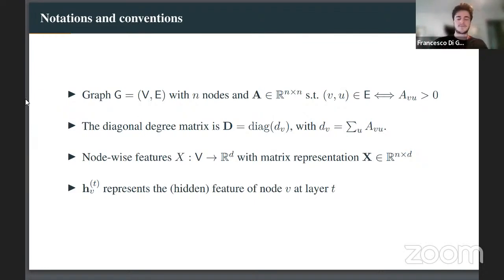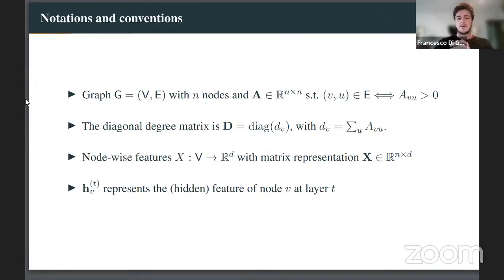From now on, let's take the graph to be simple, so no multi-edges, and undirected. We can, of course, compute the degree of each node, and we can stack all this information over the diagonal of the degree matrix.